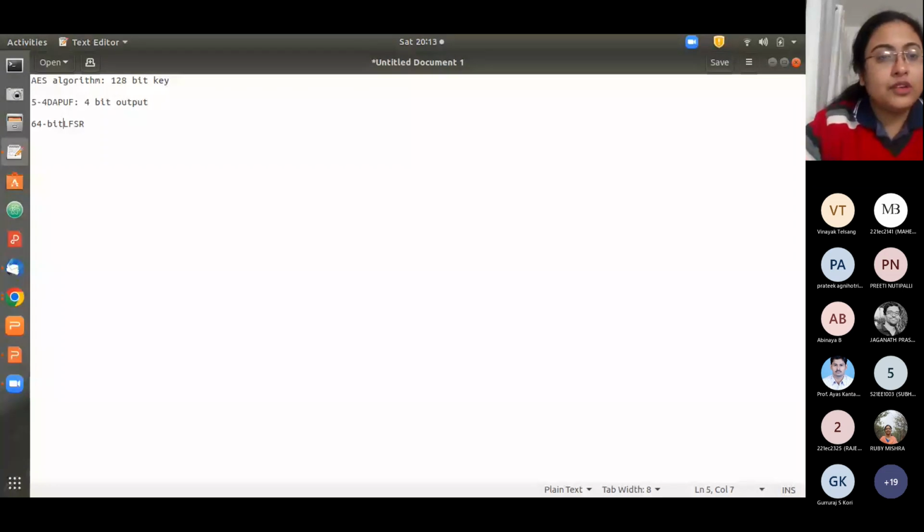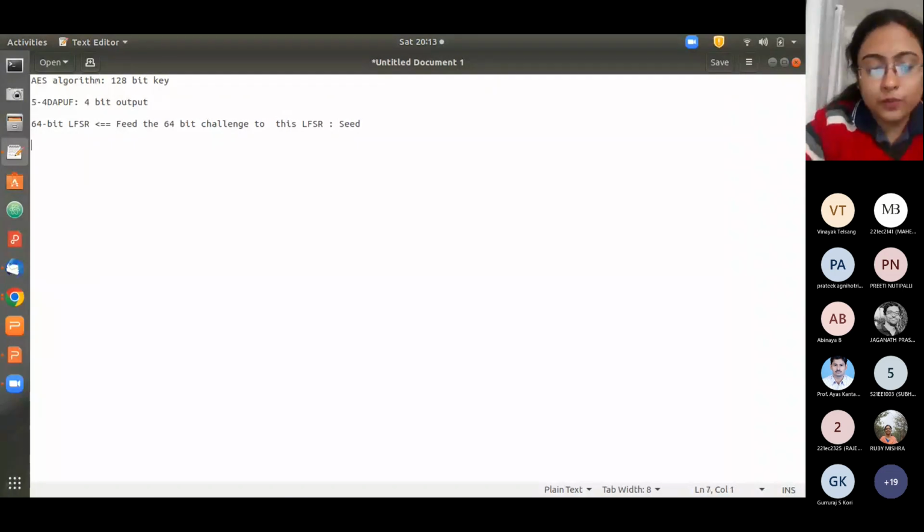Now the main challenge: you feed the 64-bit challenge to this LFSR. This challenge will act as a seed, as we call it in general terms for an LFSR.